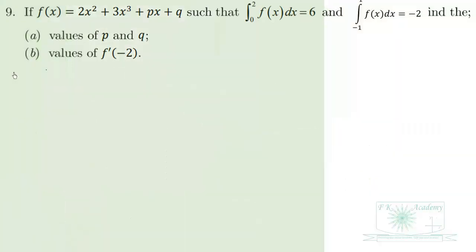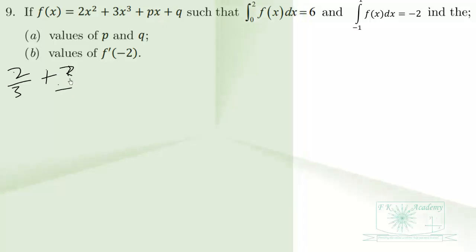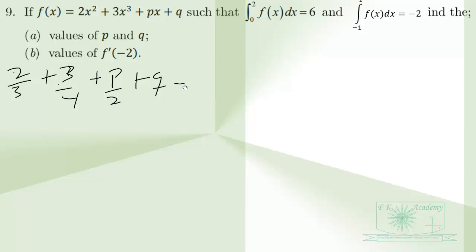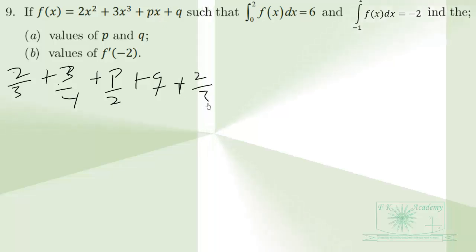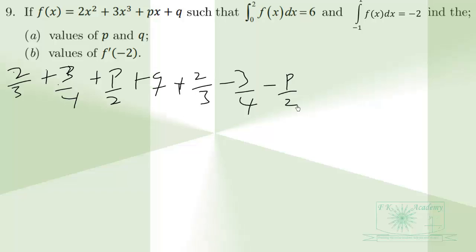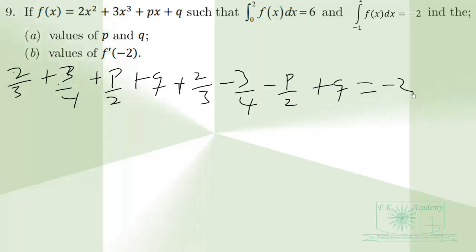So this will simplify to 2 over 3 plus 3 over 4 plus p over 2 plus q, minus minus 2 over 3, so plus 2 over 3, then minus 3 over 4, then minus p over 2, then plus q, is equal to negative 2.